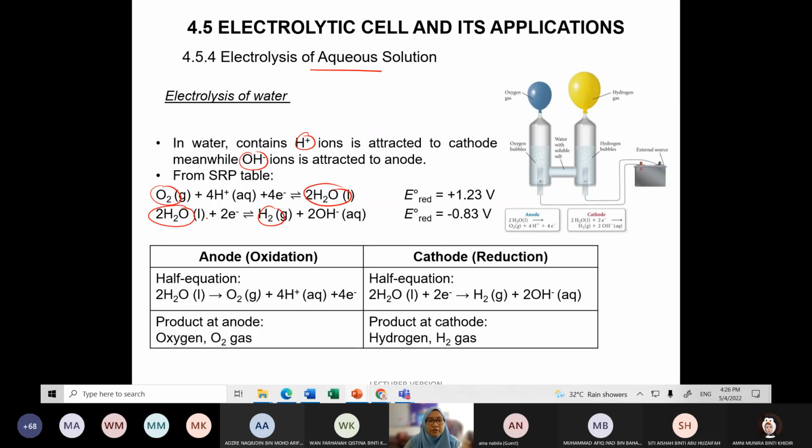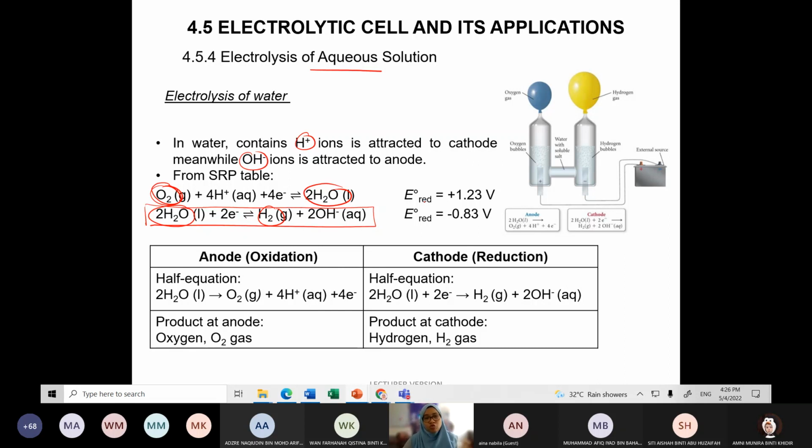Okay, so then we are going to use this equation for reduction at the cathode. But if, say, water is also discharged at the anode, okay, say it is also chosen, then at the anode it is oxidation, so the product of oxidation will be oxygen, O2.